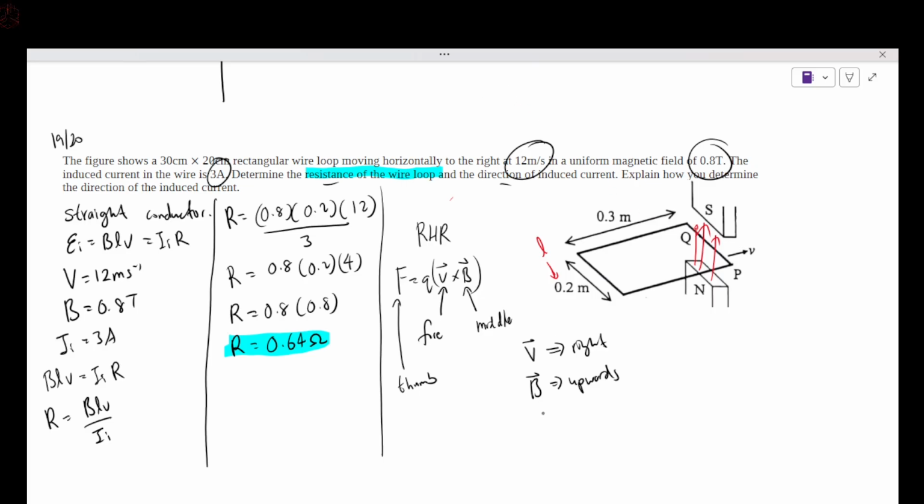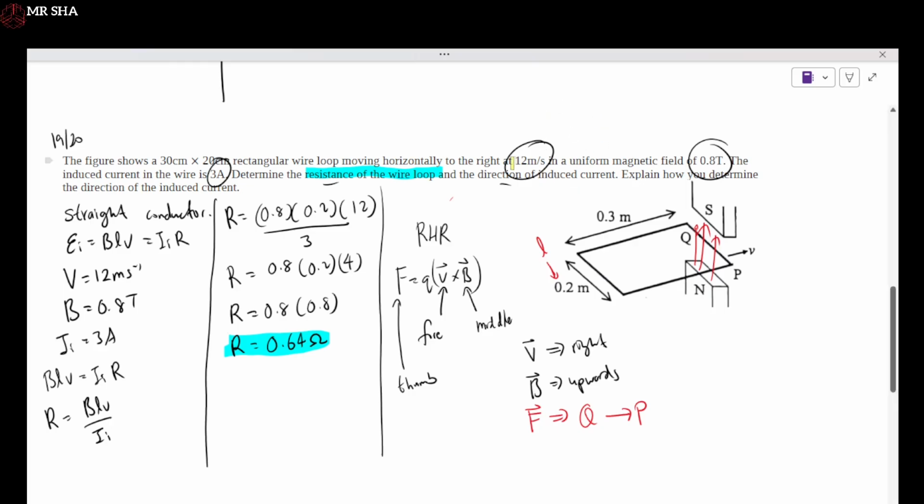Okay, therefore my force, the force on the current or positive charges, is going to be downwards, which is Q to P. So it's going to move from Q to P. Alright, if I were to explain, I just use the right hand rule to determine the direction of induced current. Okay, so that is all for the third question.